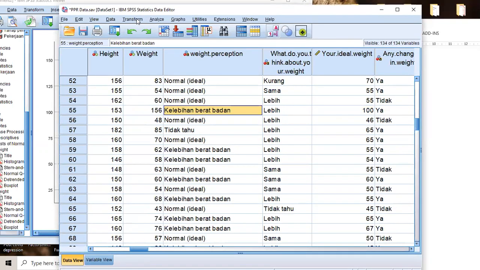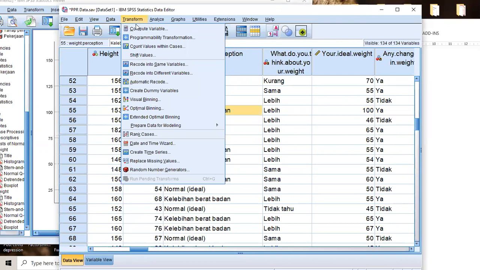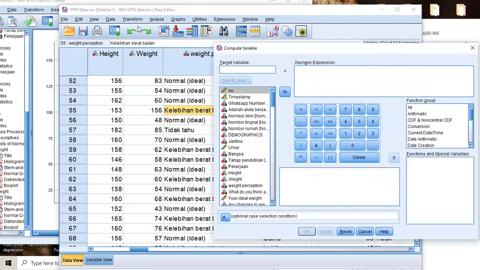Go to transform, compute variable, type here BMI. In the numerical expression, double click weight, don't type, okay? Double click weight, it goes here. Divide by, in brackets, double click height times height.